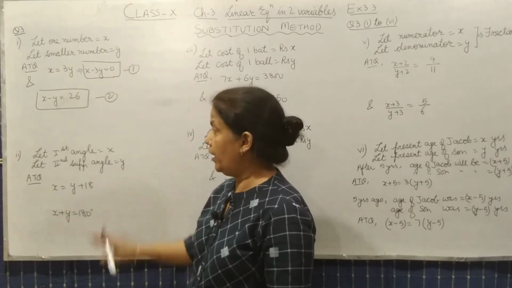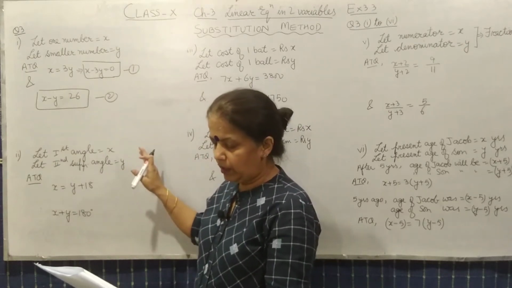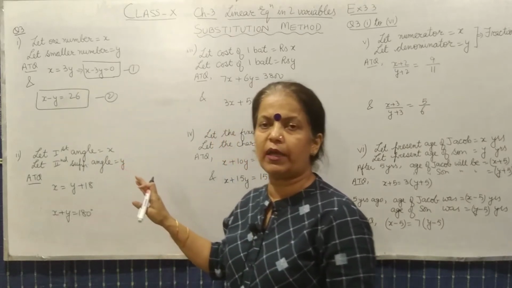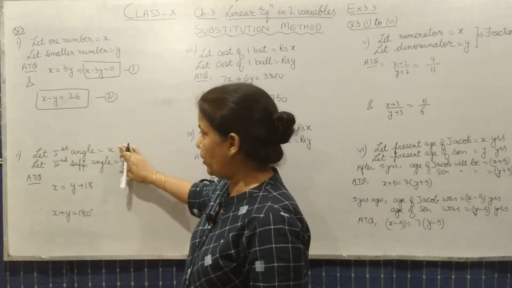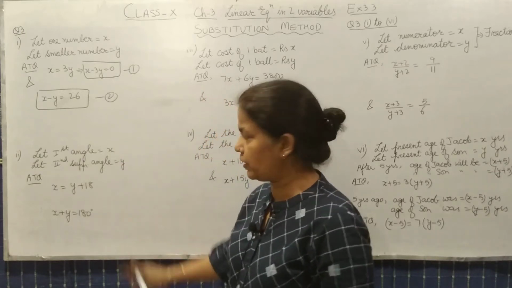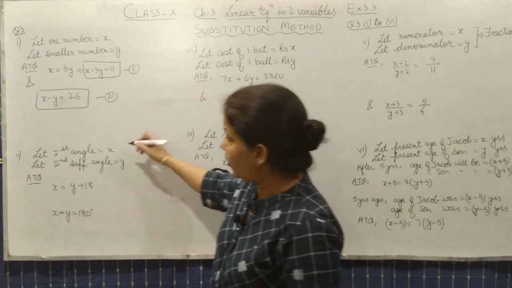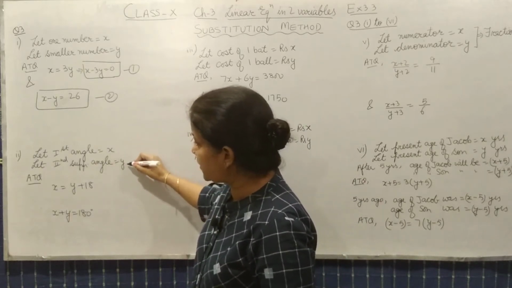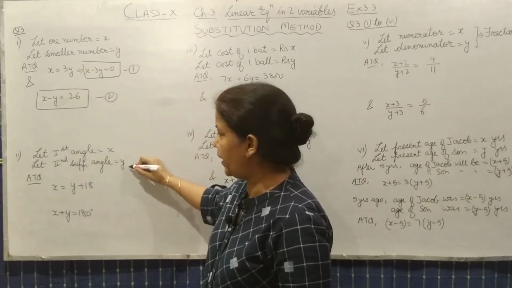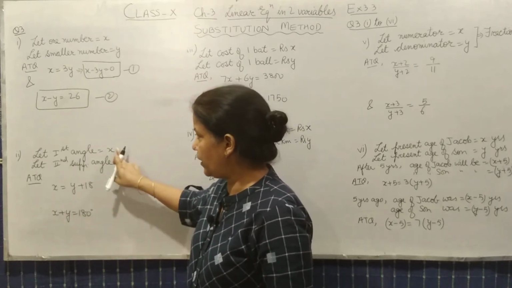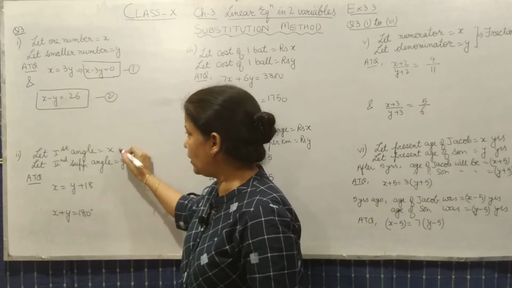Second, the larger of two supplementary angles exceeds the smaller by 18 degrees. So one angle we will take as x and the second supplementary angle we will take as y. One angle exceeds the other by 18 degrees. So we assume this is the larger angle.